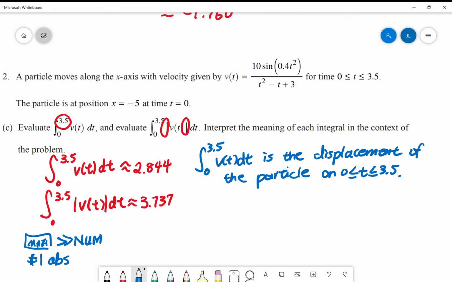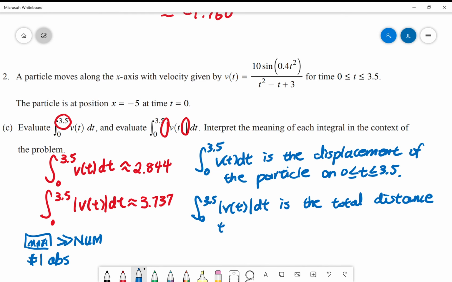With absolute value, the integral from 0 to 3.5 of the absolute value of v of t dt, this means something else. This is the total distance. And in this case, we do take into account all the distance we covered, even when we're going in a negative direction. We count those as a positive value.